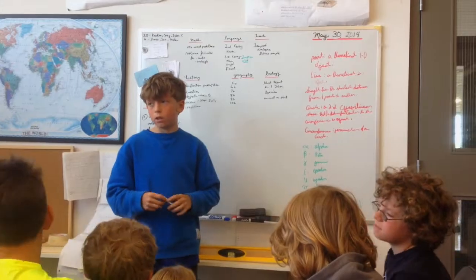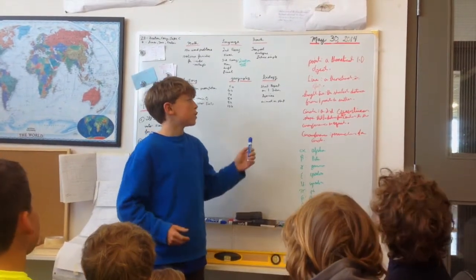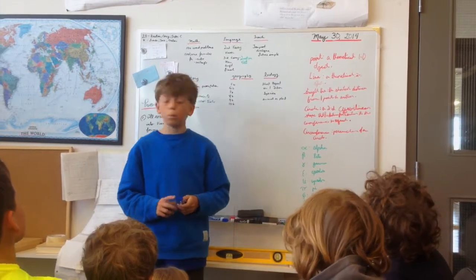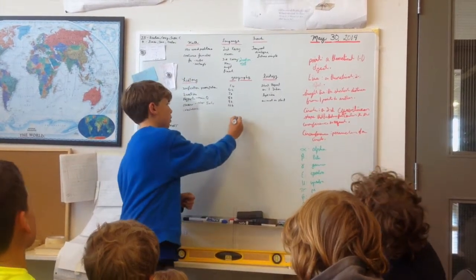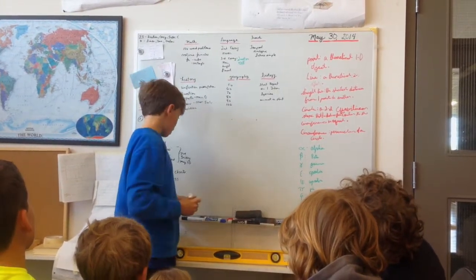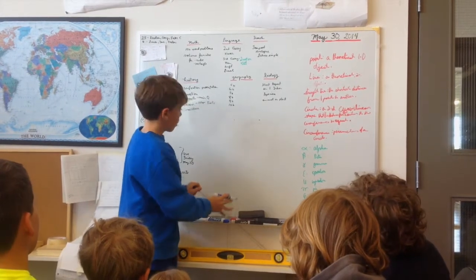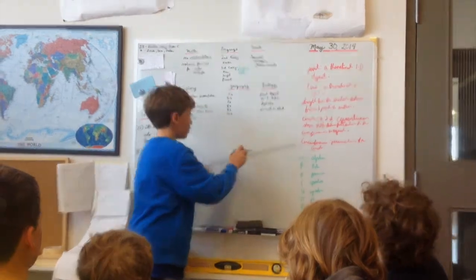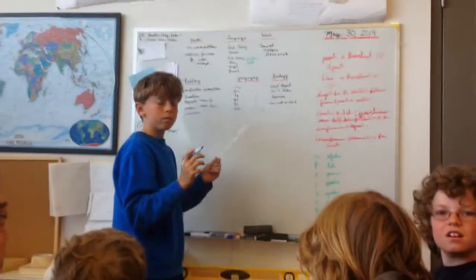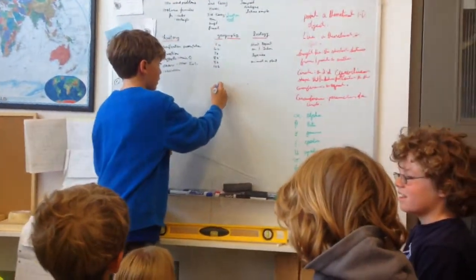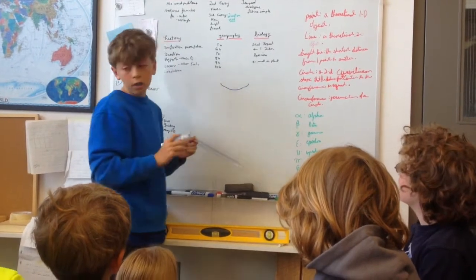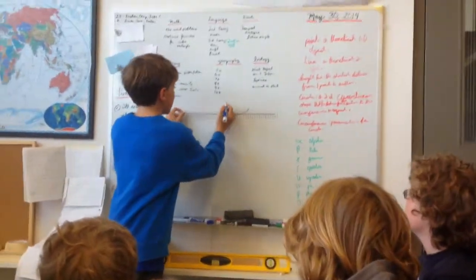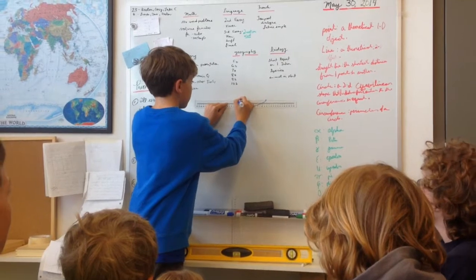So it is theoretical again, and a straight line is the shortest distance between one point and another. This, if you measured it with a ruler, wouldn't be as quick as that.